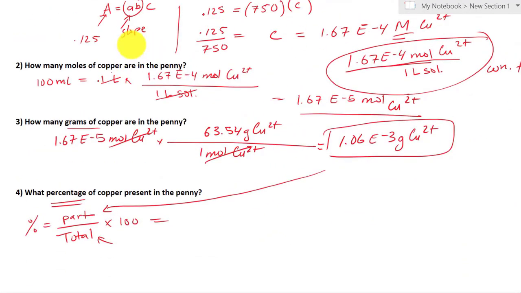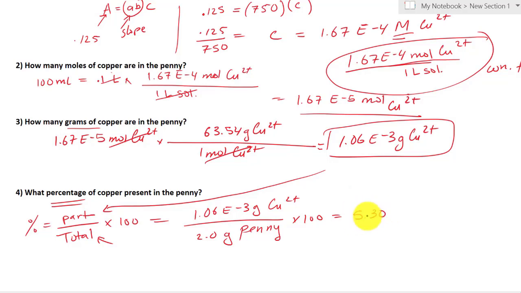So what we have here is 1.06 e to the negative 3 grams of copper 2+ divided by the 2.0 grams of penny. That would be the total mass, okay? In this case, we multiply by 100, and what do we get in the end? We have 5.30 e to the negative 2%, or in terms of decimal is 0.053% of the penny will be copper.